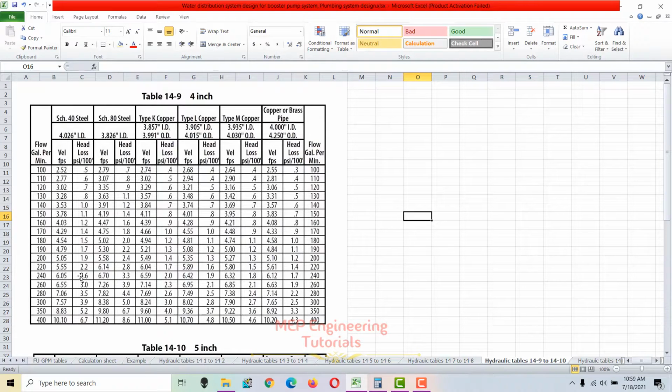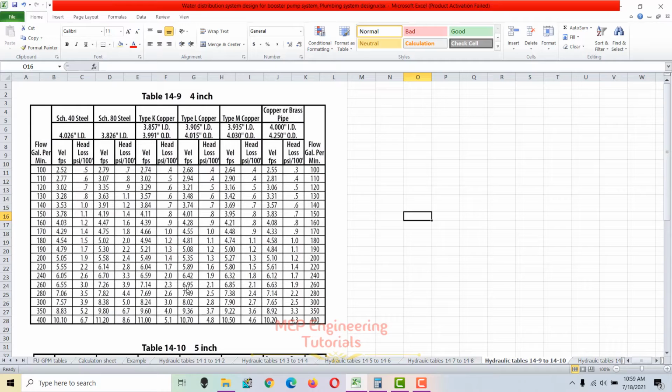This is the velocity column and this is the head loss column for copper L tubing. At 240 GPM velocity is 6.42 and at 260 GPM velocity is 6.95.